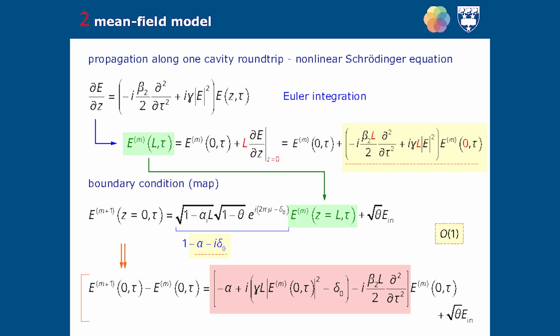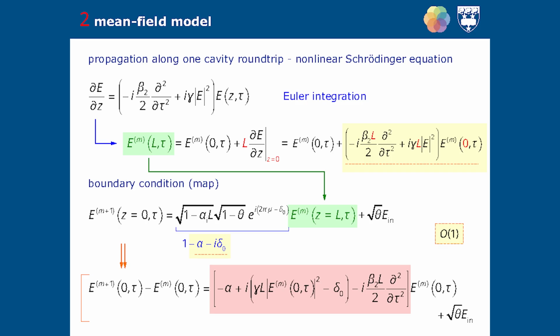And then we combine the two together, and all of these things in yellow, they are small. And we only keep first order terms. Obviously we're going to have a term alpha times, say, gamma L E squared, but that second order we neglect. So we only keep the first order term.